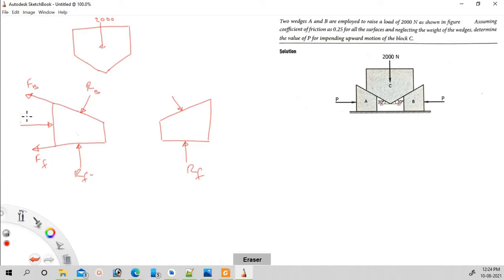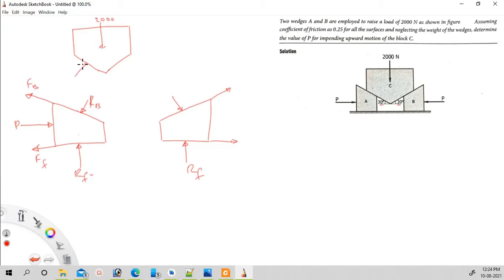Hope it is clear. The same thing will be happening here also. There will be FB in this direction and FF in this direction. Then now we have the direction of frictional resistance on this block. Then here also, on this surface there will be RB.